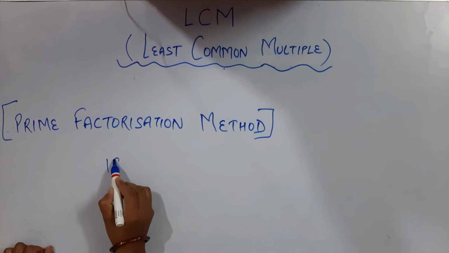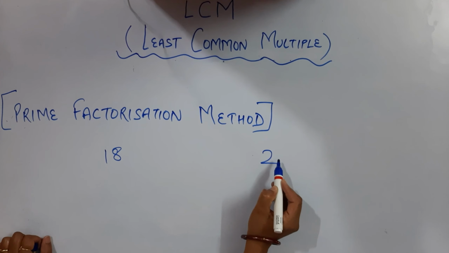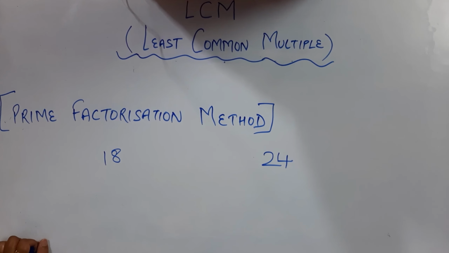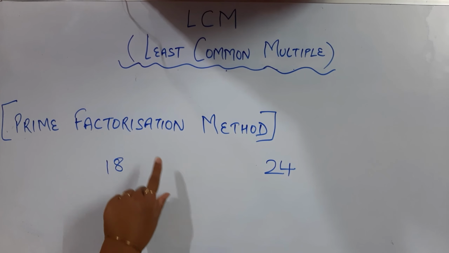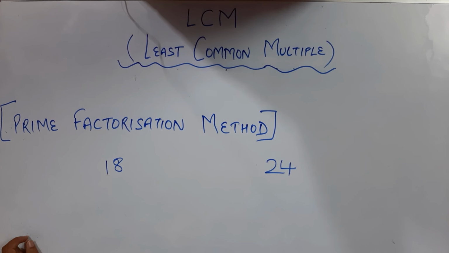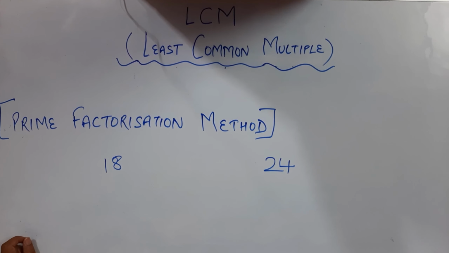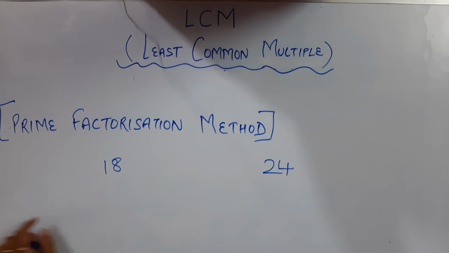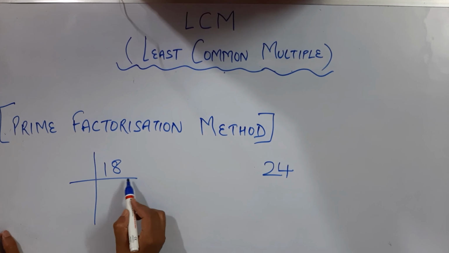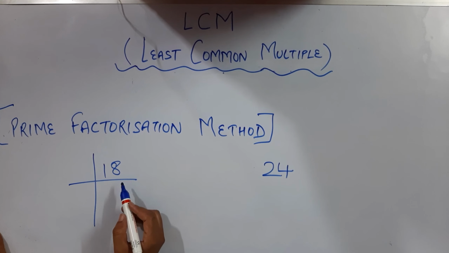Suppose I am given two numbers 18 and 24. We have already done prime factorization in our previous session also, in the HCF class, highest common factor class. In the same way we will do prime factorization here also. What will we do? 18 comes in the table of prime number 2.